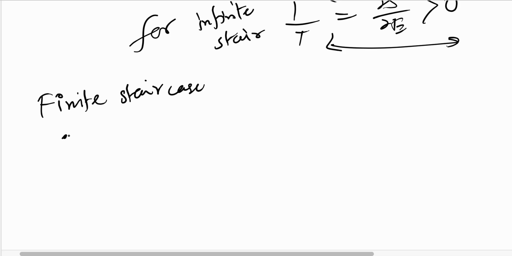In the finite staircase there is one possible maximum stair, the Mth stair.